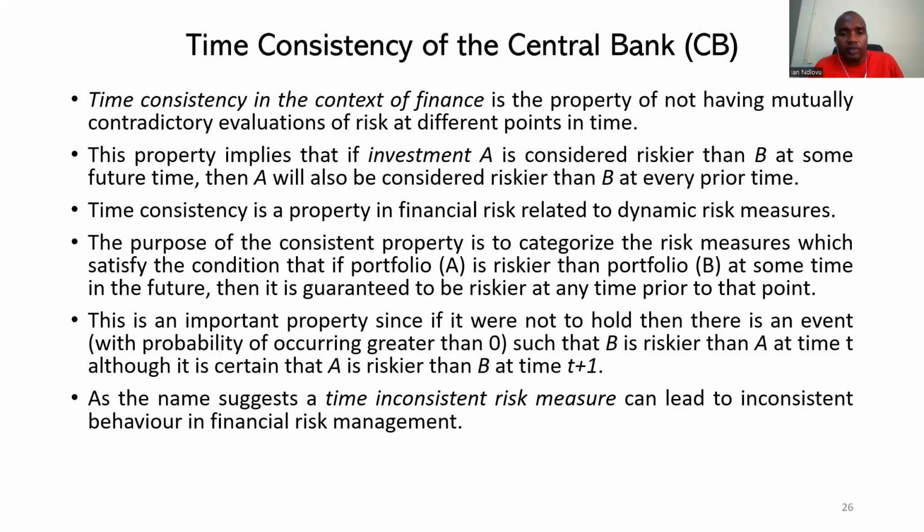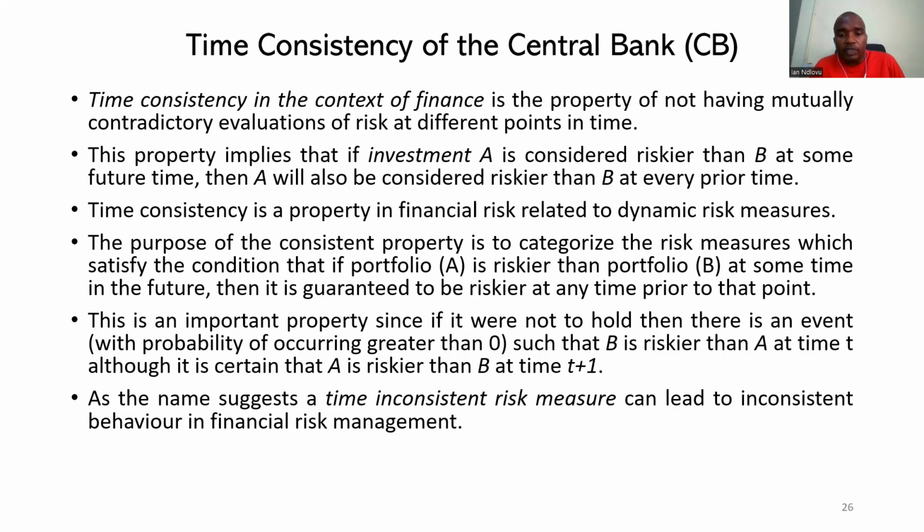The purpose of the time consistent property is to categorize the risk measures which satisfy the condition that if portfolio A is riskier than portfolio B at some point in the future, then it is guaranteed to be riskier at any point prior to that point, up to the present, that is.